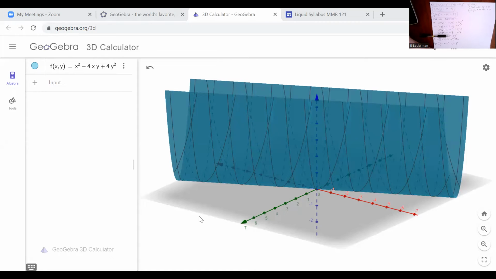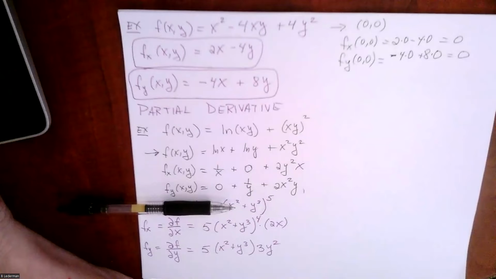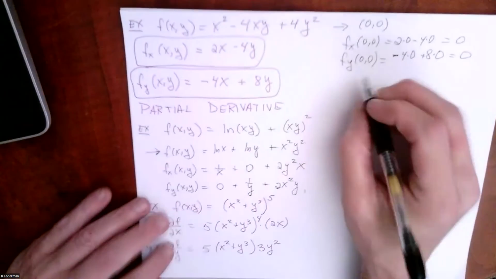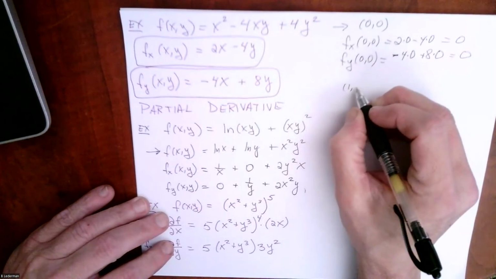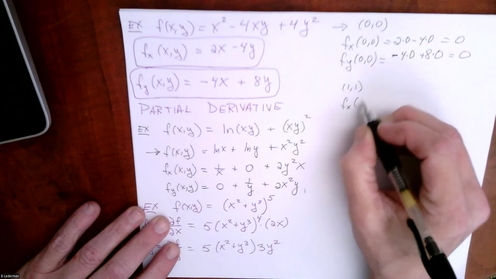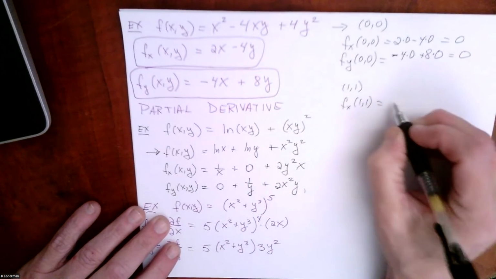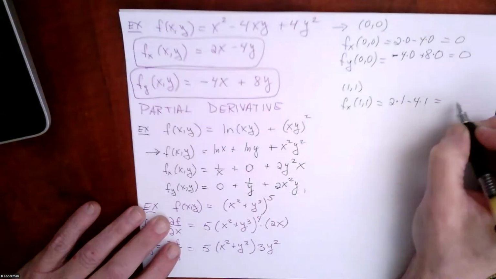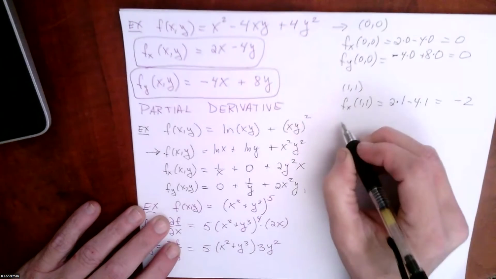Okay, let me just unshare my screen. I want to look at another point. Let's look at the point (1, 1). So f sub x of (1, 1) is equal to 2 times 1 minus 4 times 1, which is equal to negative 2.